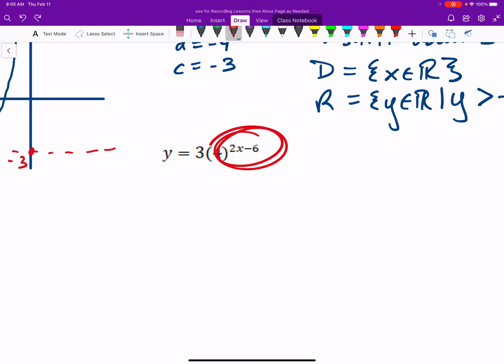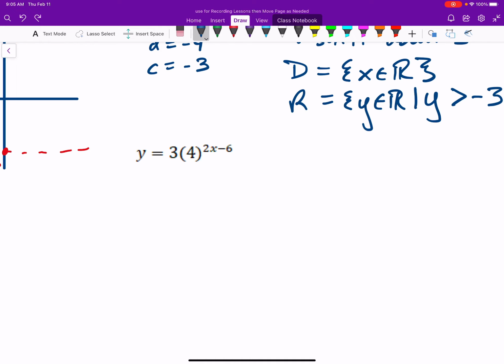In this case, it hasn't been common factored yet, so I have to do that. So I'm going to rewrite this first as 3 times 4 to the 2 bracket X minus 3, because I've taken the 2 out as a common factor. And again, now I can see that my A value is 3, my K value is 2, my D value is +3 when I take it out.